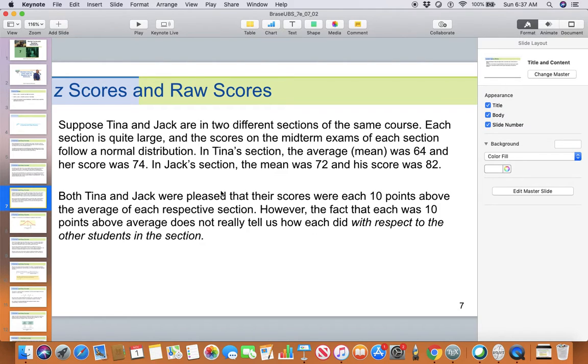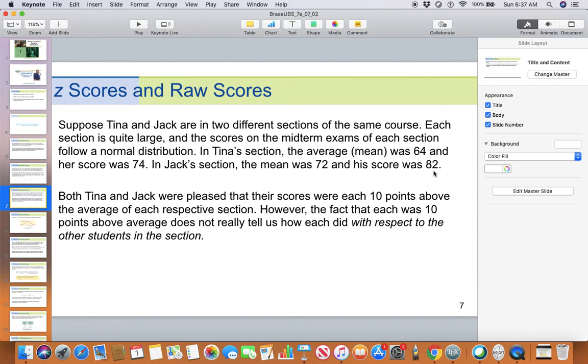So I hope the problem is clear, right? In one class, the average or the mean was 64 and Tina received a score of 74, so 10 points above 64. In Jack's section, the mean or the average was 72 and he scored 82. So both feel good that they are 10 points above the mean.